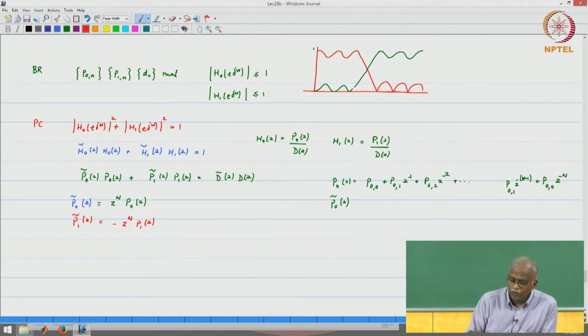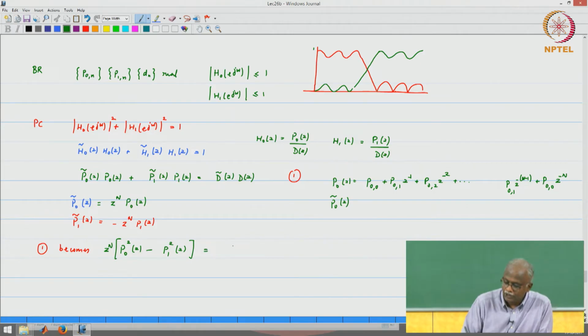So we now say that equation 1 becomes, with these two substitutions, P0 squared of z, with a z^-n sitting outside, P0 squared minus P1 squared of z equal to D tilde of z D of z.